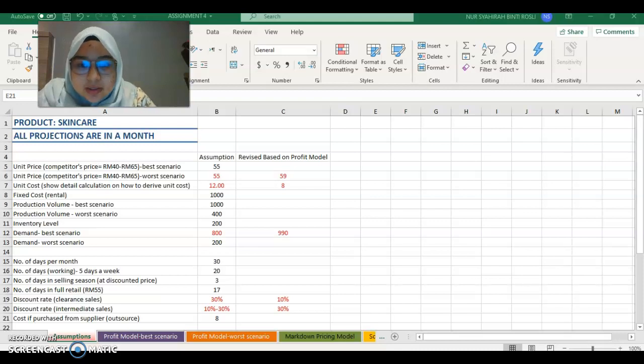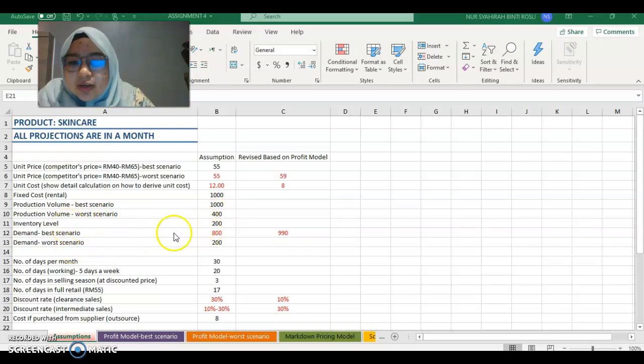For the fixed cost, I assume it to be 1,000 ringgit because my fixed cost is only rental. For the production volume, for best scenario, I assume it to be 1,000 unit, and for the worst scenario, I assume it to be 400 unit.